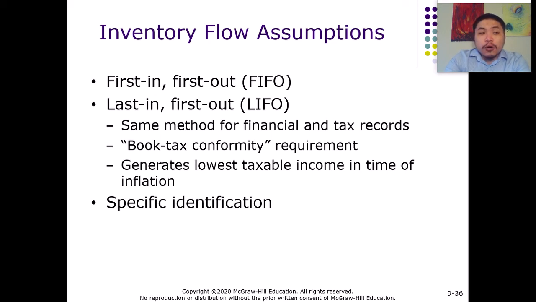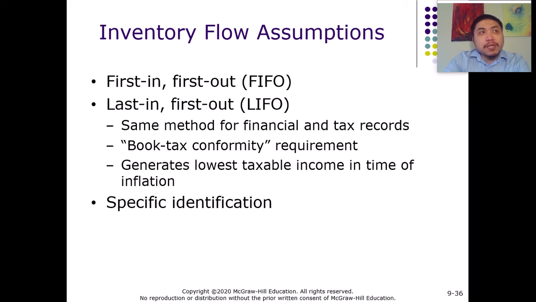But for businesses that have a lower volume of inventory, then they should use the specific identification method, right? And I don't think I need to tell you what the difference is between LIFO, FIFO, and specific identification, right?